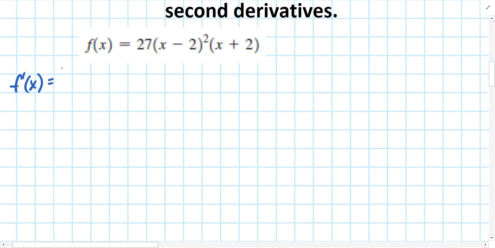However, we could find the derivative of this function by using the product rule as well. Now, I've practiced enough of these that I think I'm comfortable enough with the product rule. And I'm going to treat 27 as a coefficient, so I'm just going to toss it out front right off the bat so that I can ignore it. But then I'm going to treat this function as the first element of the product, and then this function as the second.